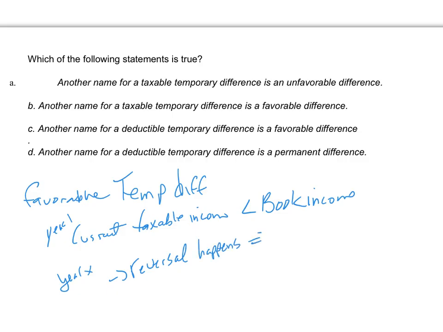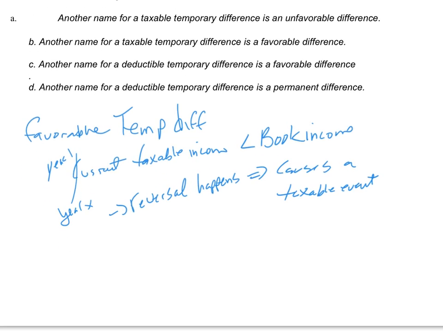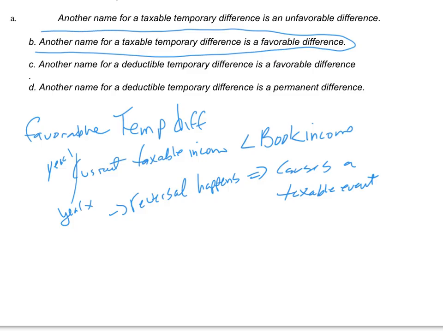A reversal happens, and what does that do? That causes a taxable event. So another name for a taxable temporary difference is a favorable difference, because it's going to create a taxable event in the future, but it is a favorable difference right now. So the correct answer to this would be B.